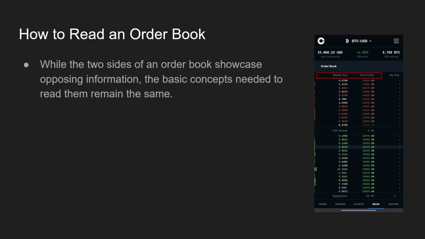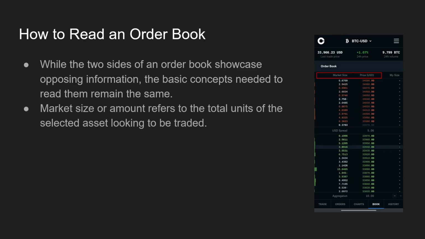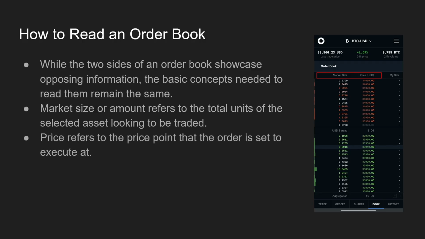So while the two sides of an order book showcase opposing information, the basic concepts needed to read them remain the same. Market size or amount refers to the total units of the selected asset looking to be traded. And then the price refers to the price point that the order is set to execute at. So here we see our market size.